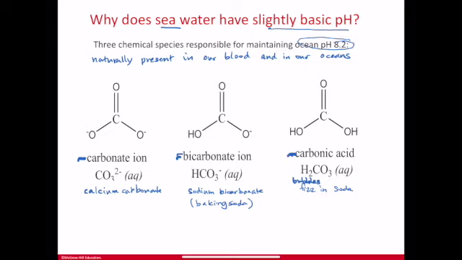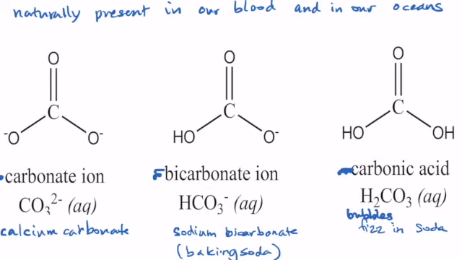So how these ions are similar is that they all have a carbon and 3 oxygens. So here's a carbon and 3 oxygens. Here's a carbon and 3 oxygens. So you can see this is the trigonal planar shape. So what's different about these is there's a hydrogen that's added, and this is one hydrogen.